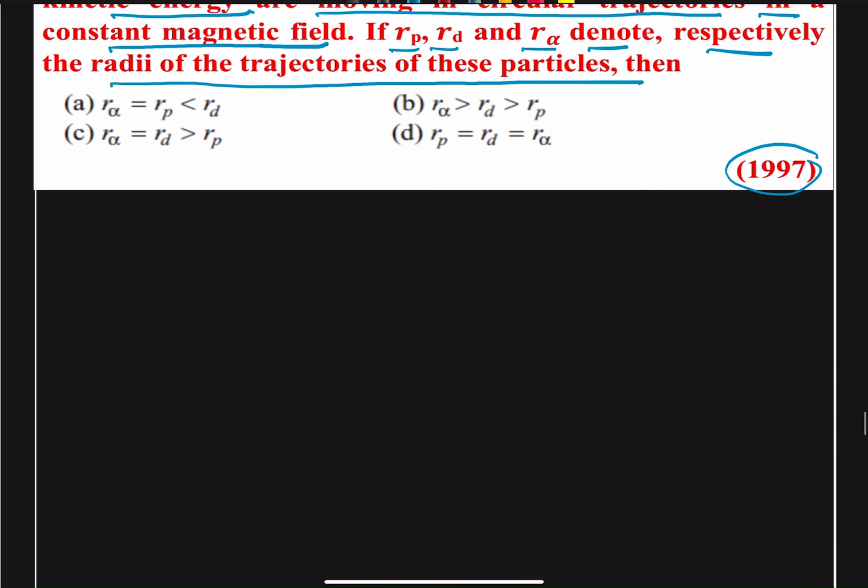We start from the basic formula for a charged particle moving in a magnetic field, from which we can find the radius directly.